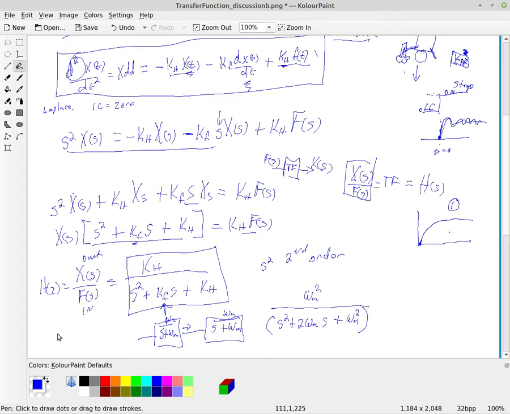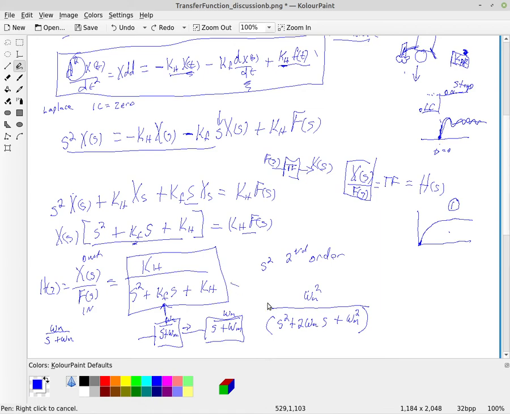In each of the boxes I have omega_n divided by s plus omega_n. When you multiply those together, in the numerator you'll have omega_n squared, and in the denominator you get s squared plus 2 omega_n s plus omega_n squared.